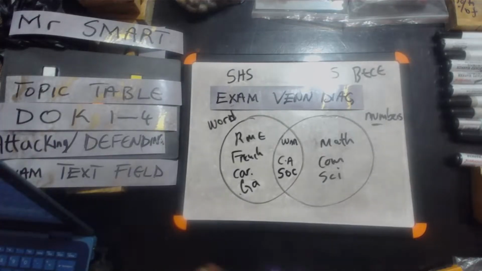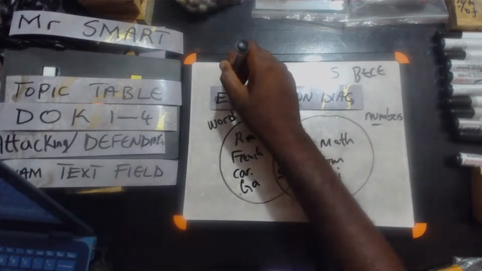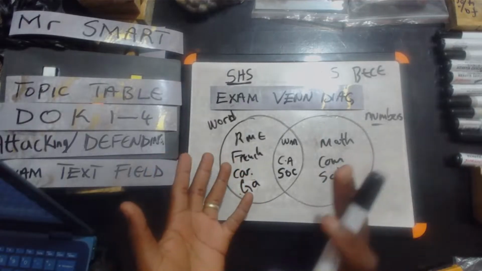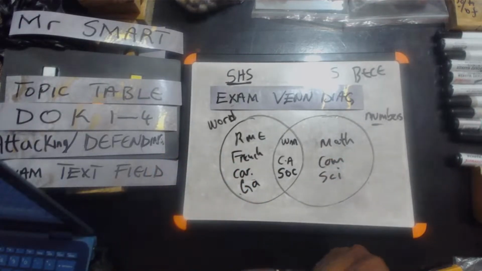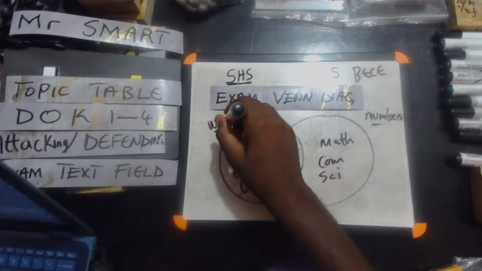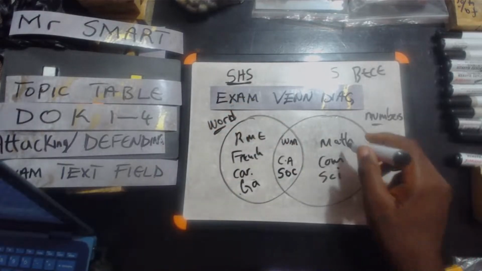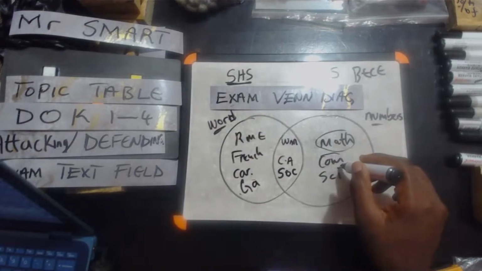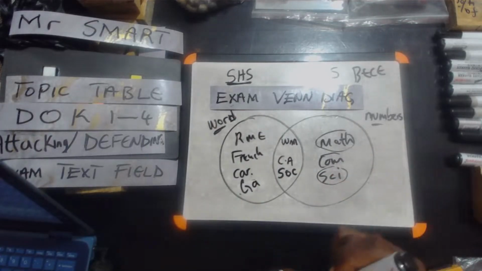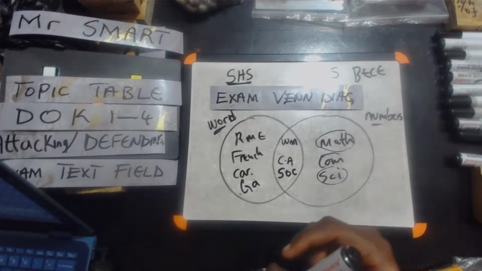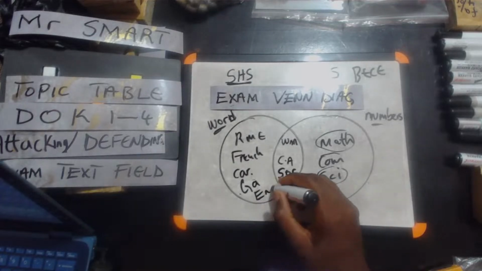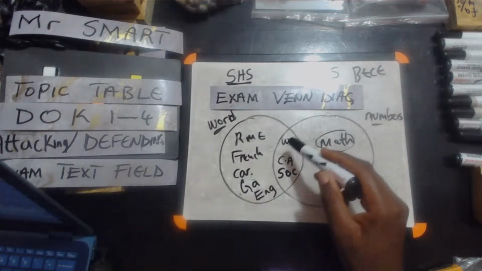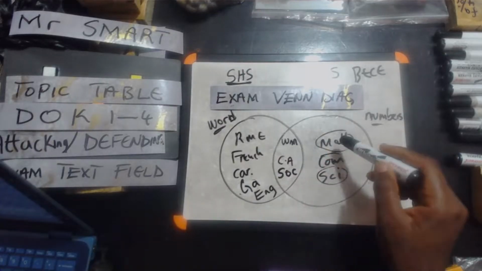So obviously, if you belong to the SHS group, your subjects are also different, but you will notice a lot of similarities. Of course, in SHS, you do math, science. Oh, I forgot English, right? Let's put English here. So for JHS, you're 1, 2, 3, 4, 5, 6, 7, 8, 9, 10.